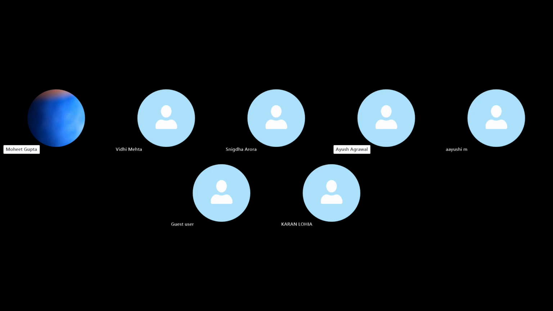Again, there is some error. How much is it coming per head? 1500, somewhere around that. I think it should be 1.5 lakh.